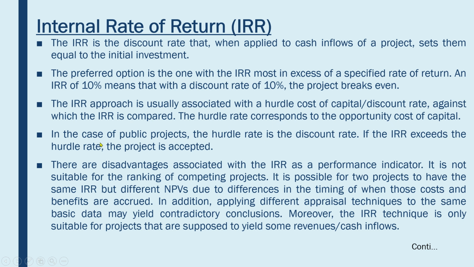If you invest it somewhere else, what could you have got? So it is basically a comparison between the interest rate and the IRR. Like your boss said initially, if I invest in the bank or invest in this project, what would you suggest? In case of public projects, the hurdle rate is the discount rate. If the IRR exceeds the hurdle rate, the project is accepted. In this case, the hurdle rate was 17%.